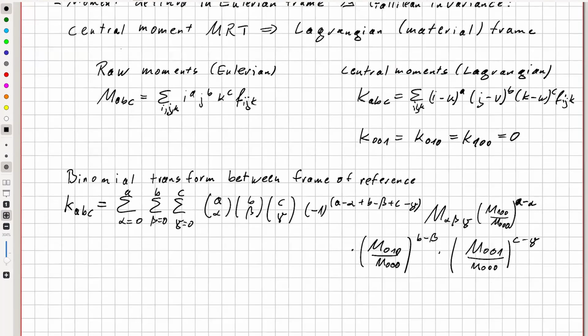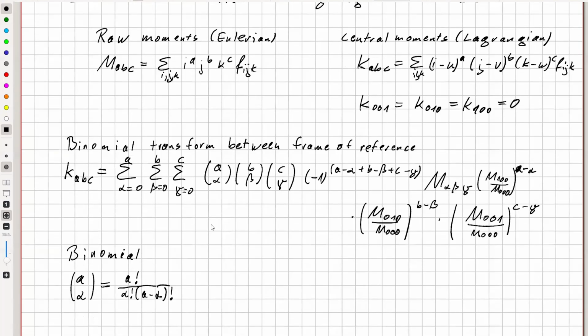I always have to remind myself about the definition of the binomial, also how it's written. So A over alpha is defined as A factorial divided by alpha factorial times A minus alpha factorial. So this is this permutation here.